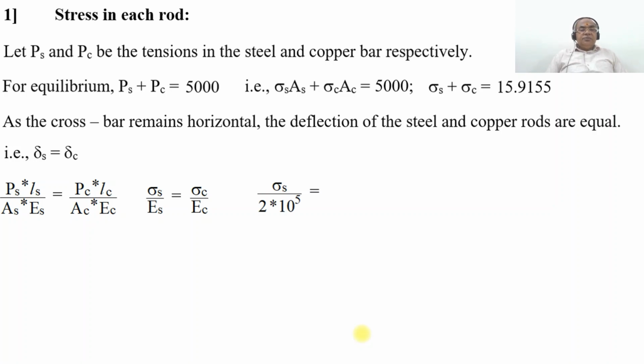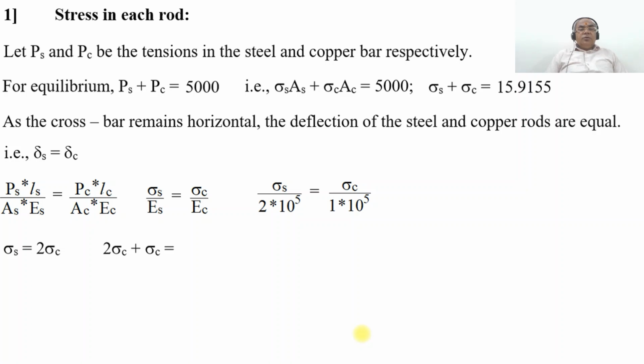Similarly, substitute the values of Young's modulus of steel and copper. Sigma S by 2 into 10 to the power of 5 will be equal to sigma C by 1 into 10 to the power of 5. So sigma S will be equal to 2 times sigma C.